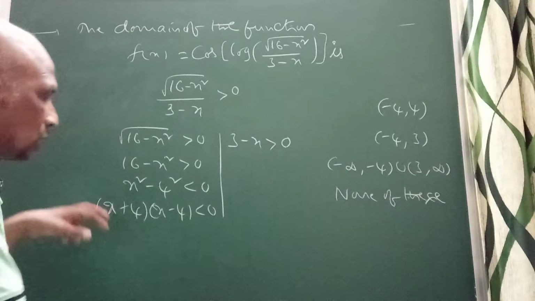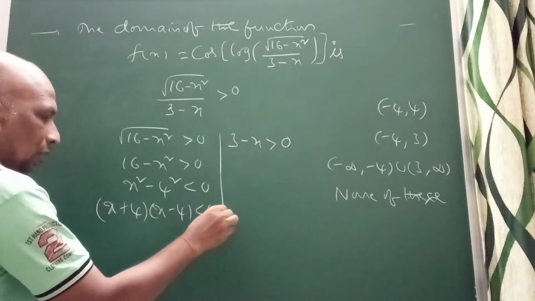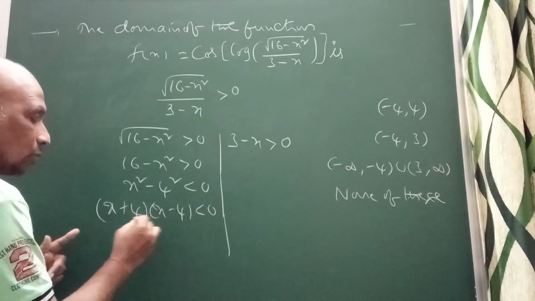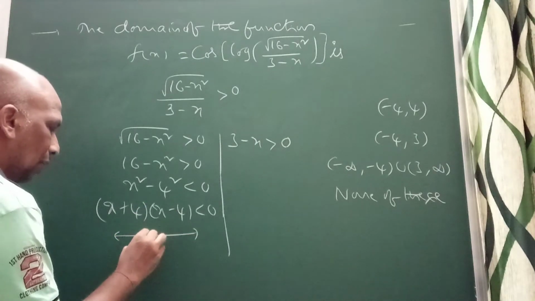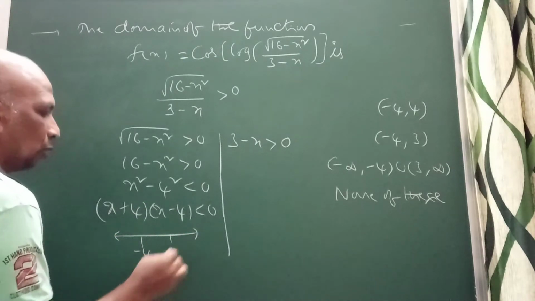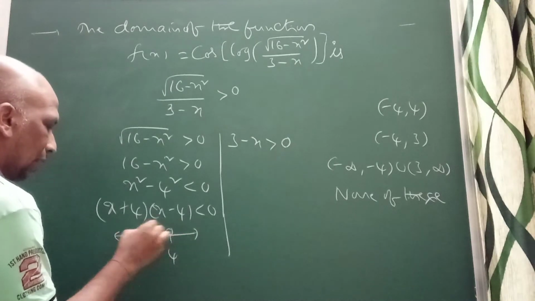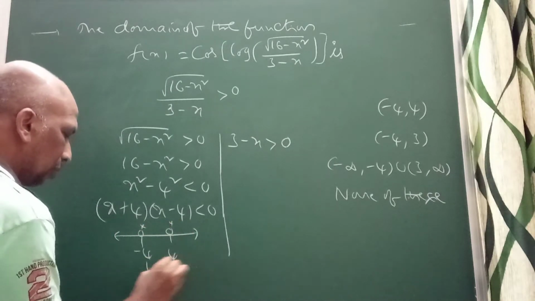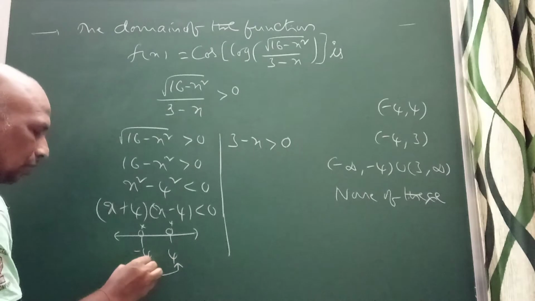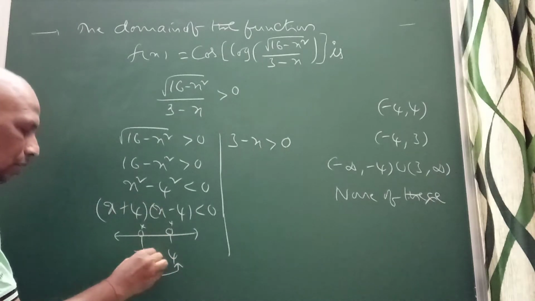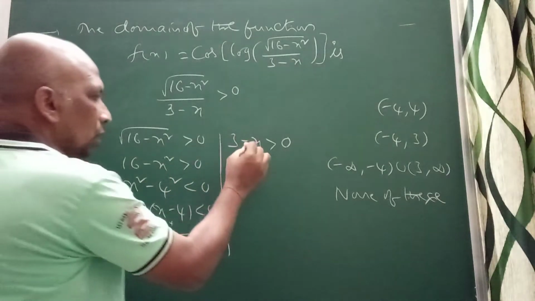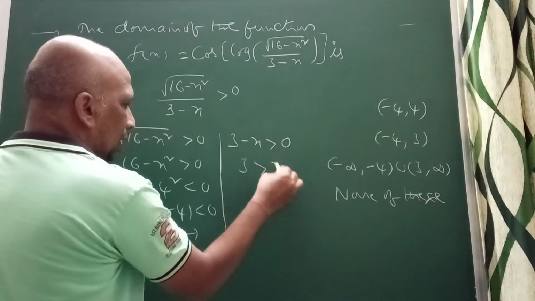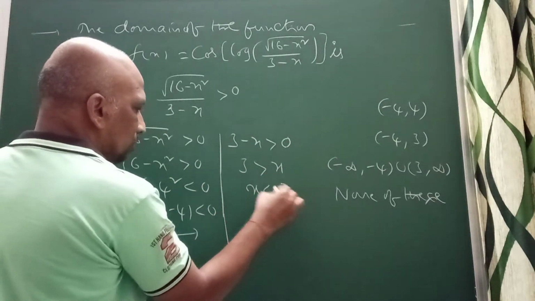Whenever the product of two linear factors is less than 0, x lies between minus 4 and 4, excluding these values. So it will come between minus 4 and 4 in this case. But coming to the other one, you will get 3 greater than x, that means x less than 3.